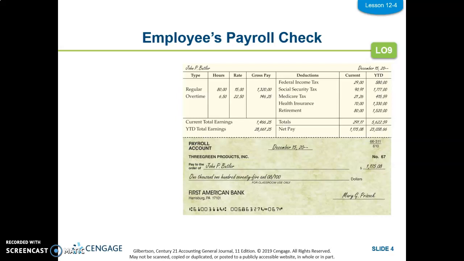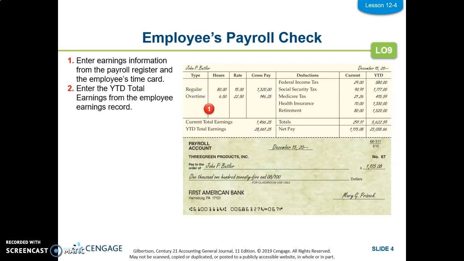So on the employee's payroll check, these are individual checks, and we're writing the individual checks. I would circle this if it were me and say that this is his net pay that we're going to pay him out of the payroll account. And again, notice that this is the payroll account that we write individual people or employees checks out of.